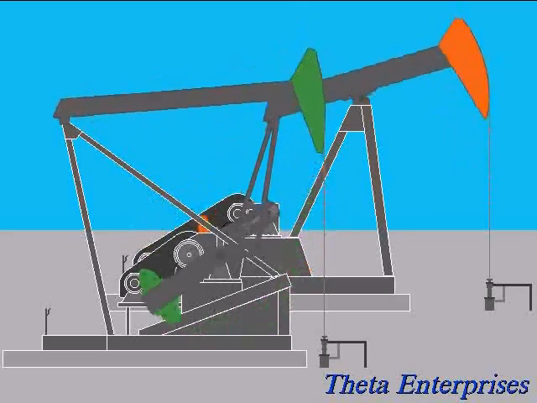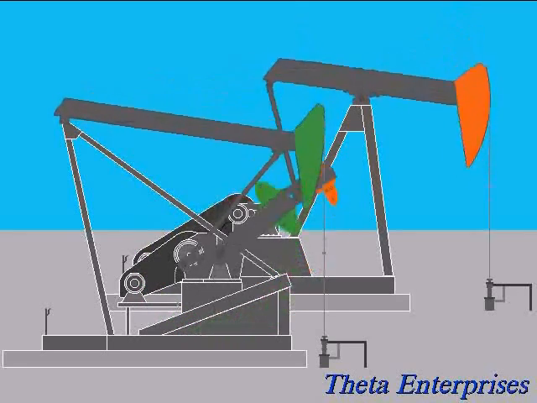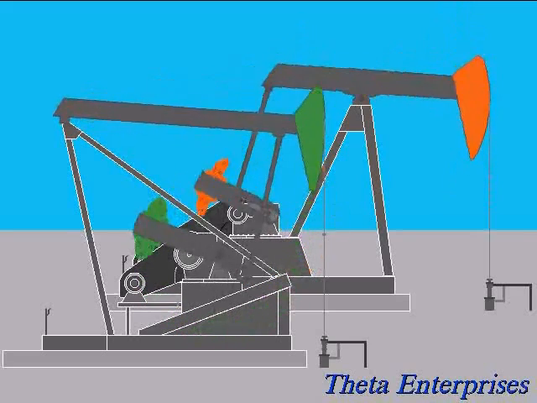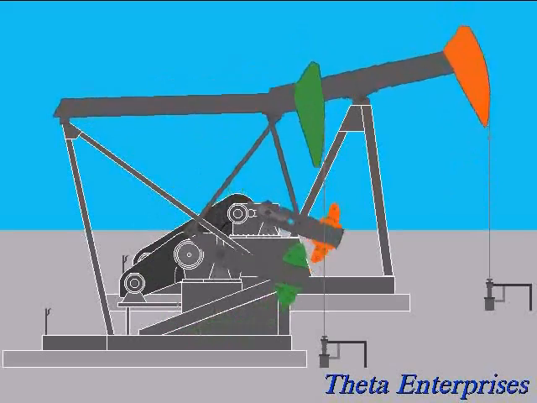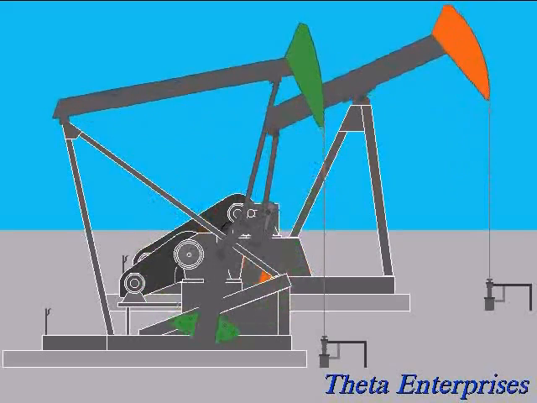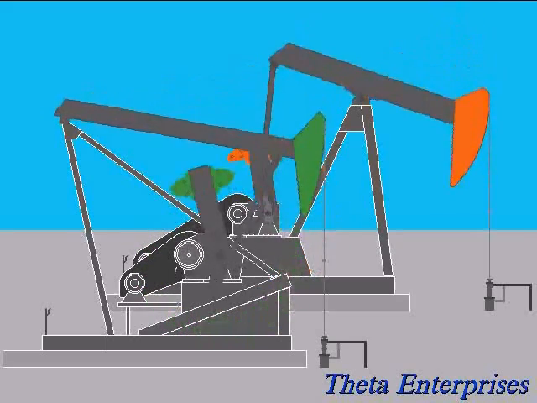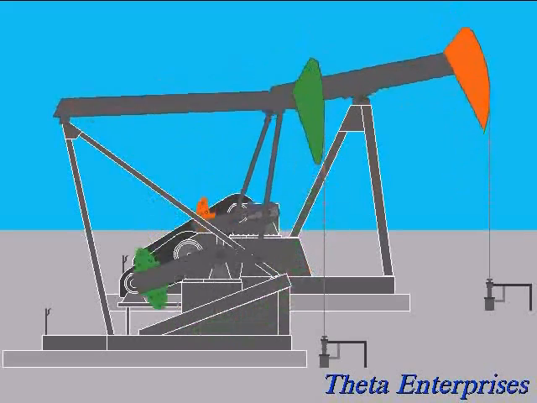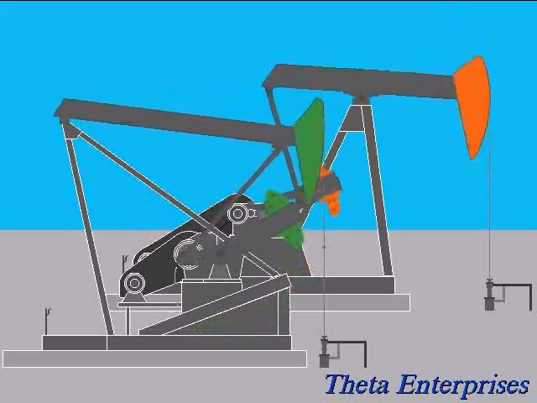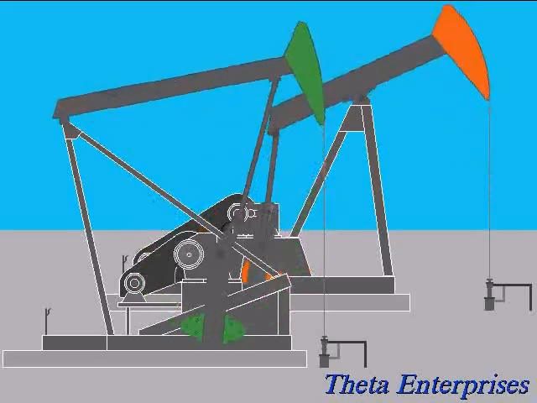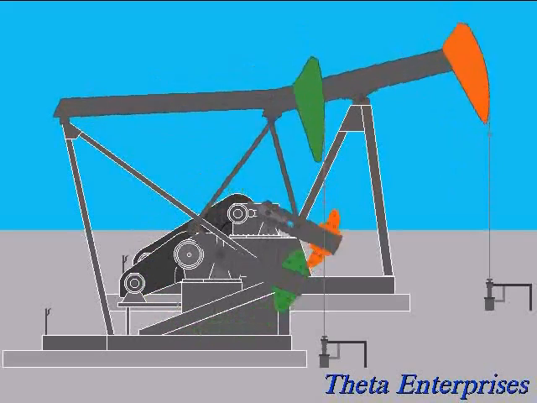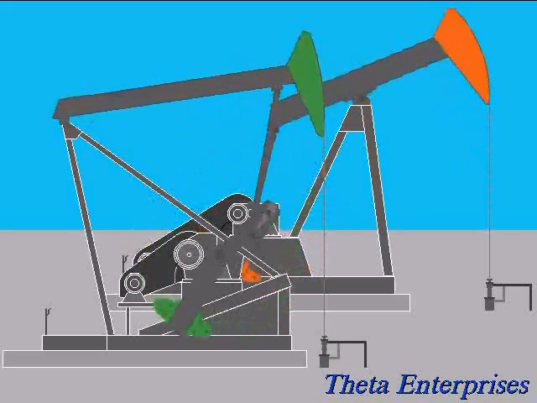This shows a conventional unit, which is the one that has the orange head, of course, and the Mark II in the front. Both are going at the same speed, and they both have the same stroke length. But you can see that the Mark II has a slower and longer upstroke as compared to the conventional. But then on the downstroke, the Mark II is faster because it has to make up the lost time, as compared to the conventional.